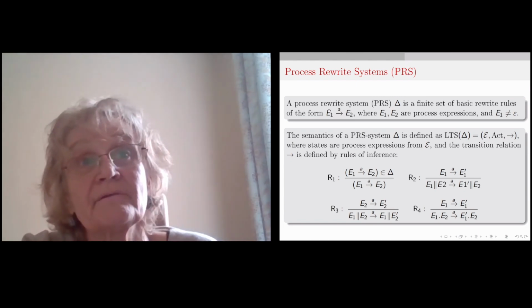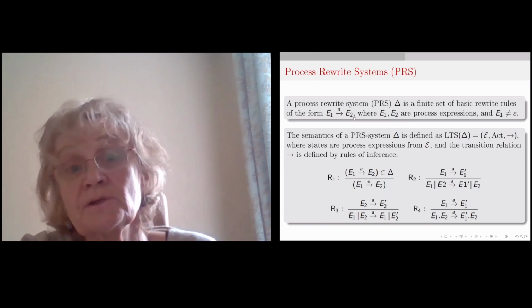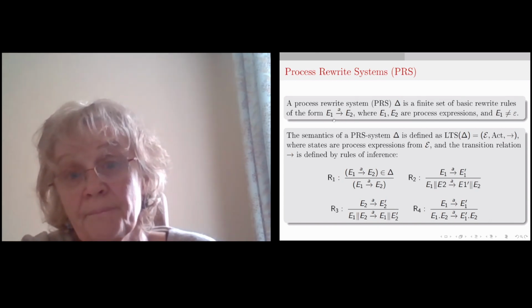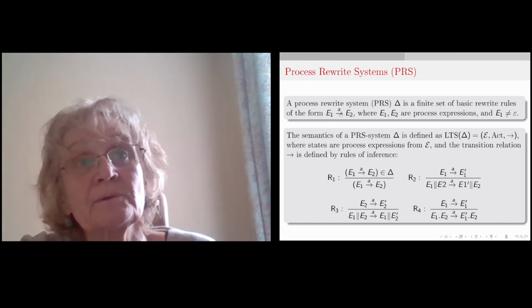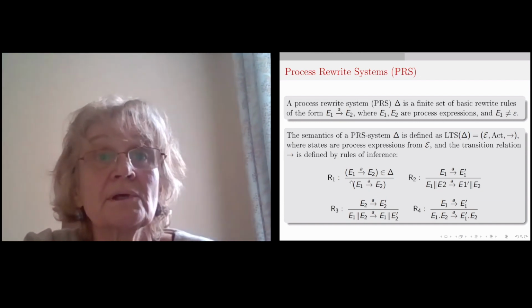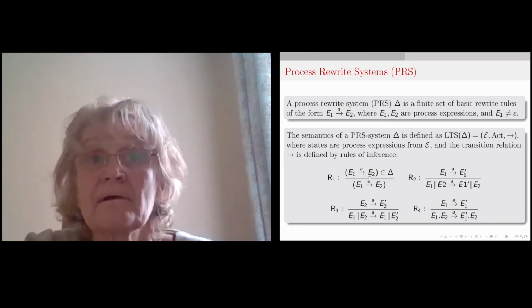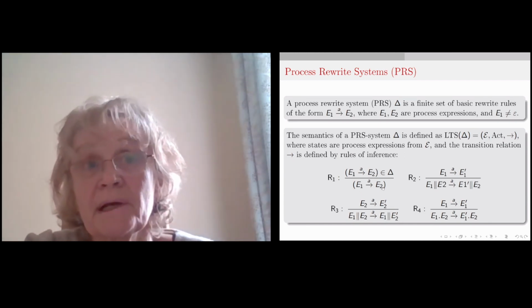This means that we substitute E2 for E1; for a sub-expression E1, we substitute E2. And then the rules are quite natural. If we have such a firing, then we can apply it.